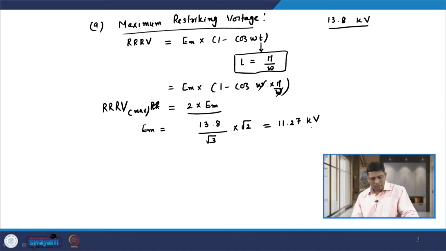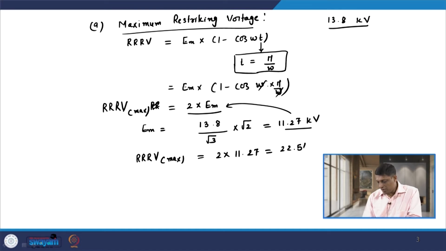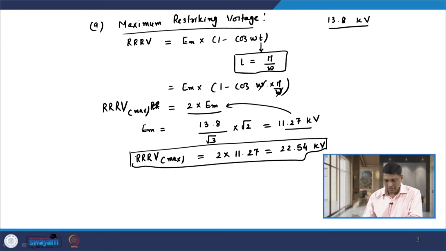If I put this value here, then RRRV maximum is equal to 2 into EM, that is 2 into 11.27, which comes out to be 22.54 kV. That completes your first part, the maximum restriking voltage.